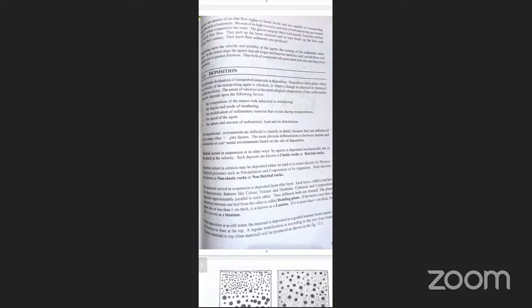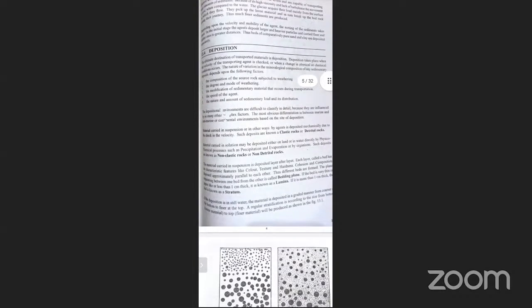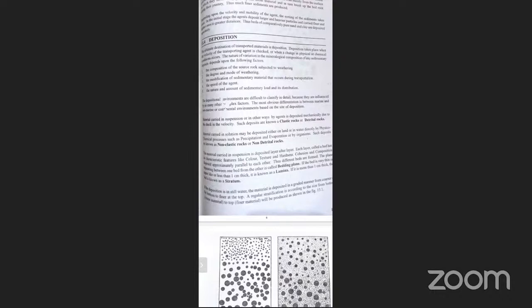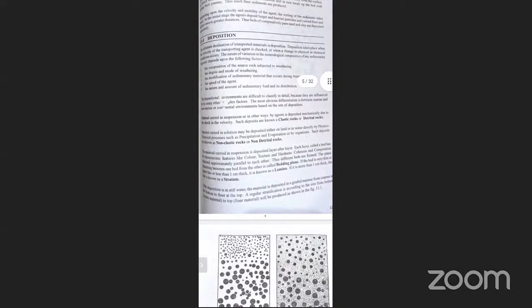What are clastic and detrital rocks? These materials were formed by the agents, and physical weathering impacts them. When the same material is carried into solution, deposition occurs either directly from water through physical or chemical processes, such as precipitation, evaporation, and the action of organisms reacting with the same material.